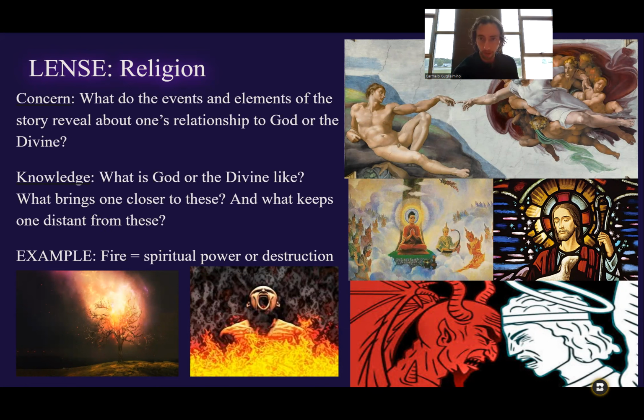The symbol, of course, of fire. How do we interpret this? Well, fire could be interpreted through a religious lens as either a spiritual power, kind of this otherworldly, ethereal power. Think of the burning bush, right? Or all the other forms of fire that are linked with God in the Bible. Or it could also be a symbol of destruction.